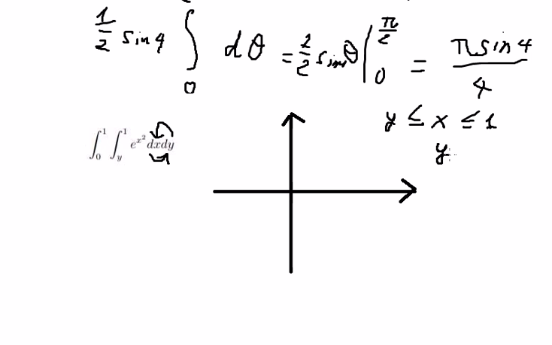About y, that should be greater than or equal to number 0 and smaller than or equal to number 1. And the graph should be like this. So x is greater than y, smaller than 1, and that should be in this area in here.